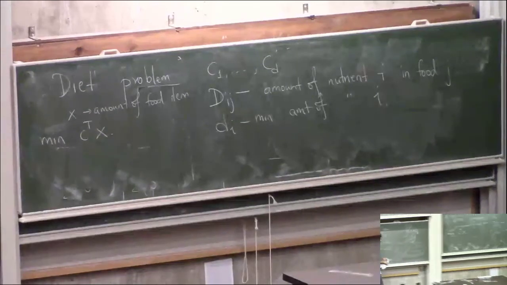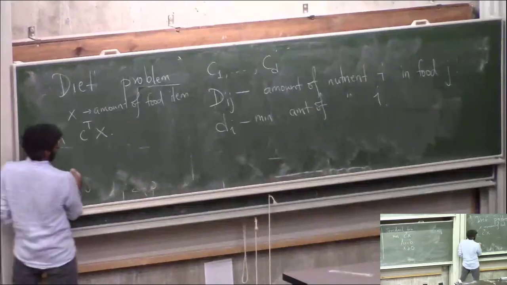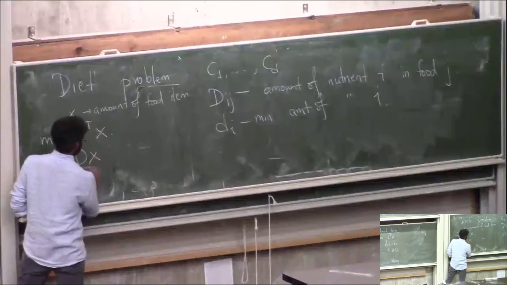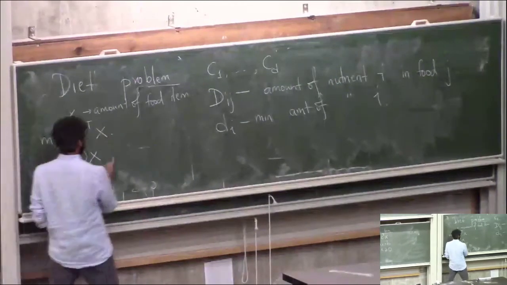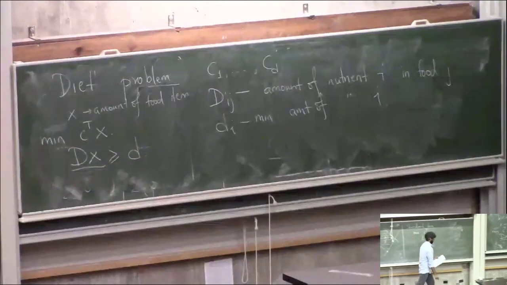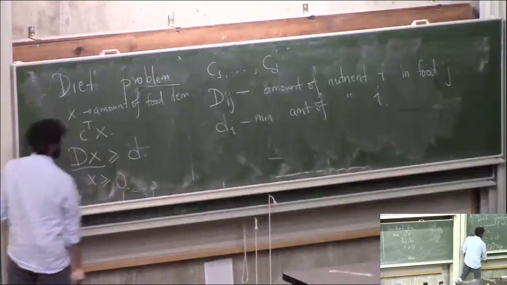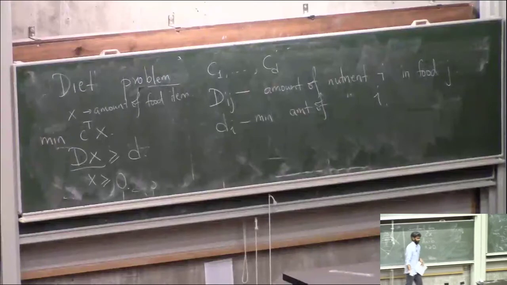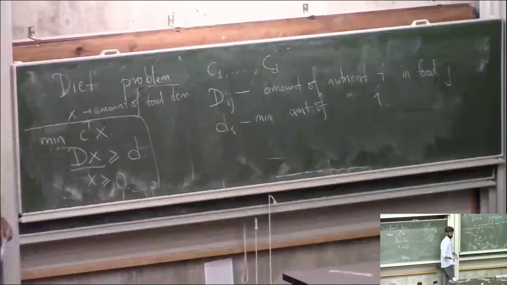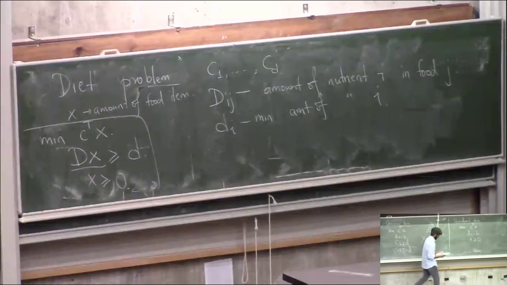And then my constraints are that the nutrients that I consume have to be at least this vector d. And presumably I have to consume non-negative amounts of everything. So this is the so-called diet problem. It's just asking how do I minimize my cost subject to the constraint that I have to consume at least some amount of nutrients? I didn't come up with this. All right.